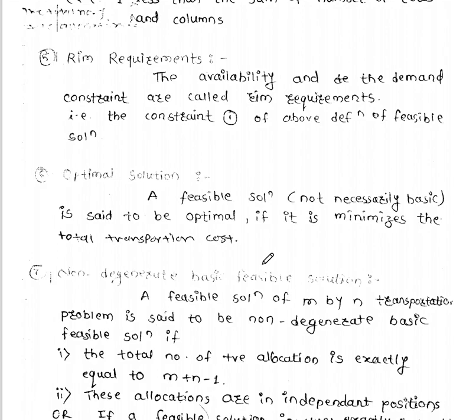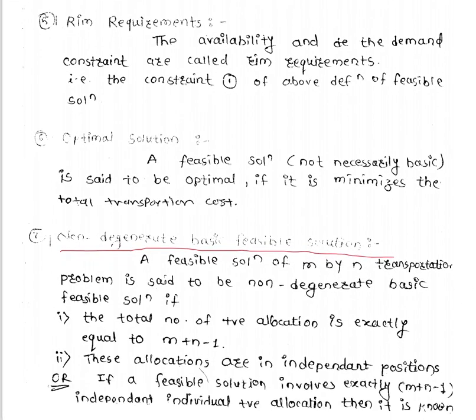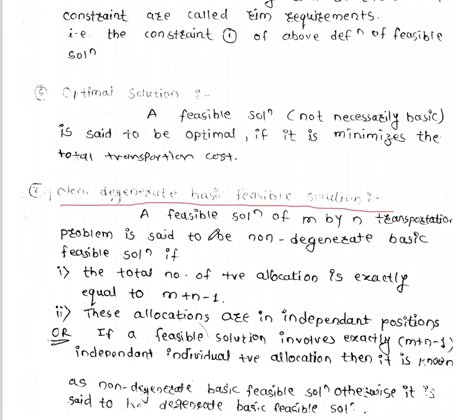Next definition is the non-degenerate basic feasible solution. A feasible solution of an m by n transportation problem, where m is the number of rows and n is the number of columns in the transportation table, is said to be a non-degenerate basic feasible solution if, case number 1, the total number of positive allocations is exactly equal to m plus n minus 1, and second condition, these allocations are in independent positions.